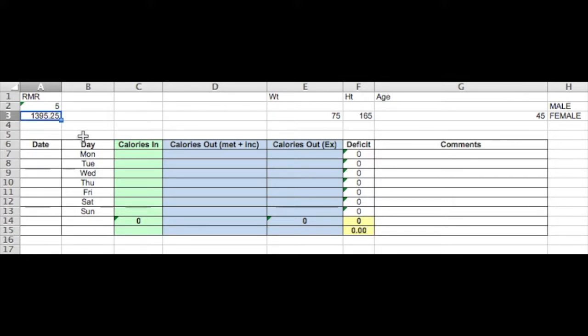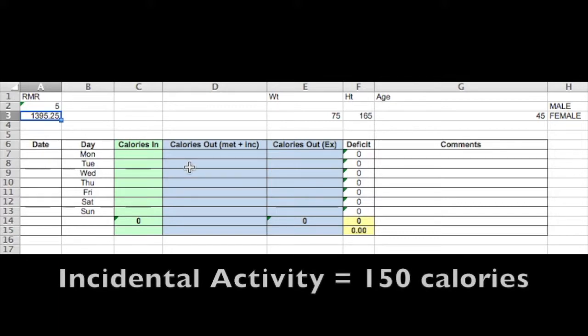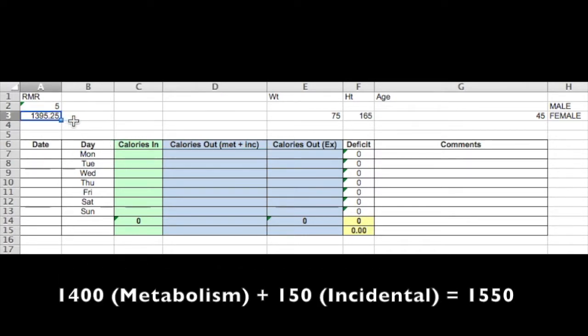So let's call it, say, another 140 odd calories. So let's call it 150 calories just to make it a nice even number for today. So we've now got our resting metabolic rate, we've got our incidental activity, and our exercise we're going to do separately.